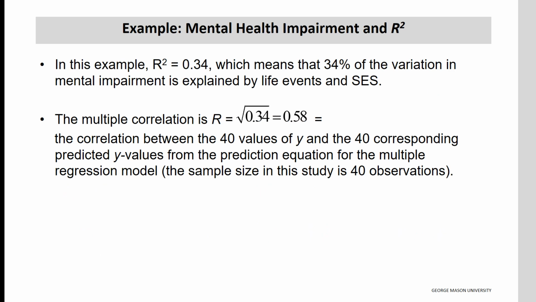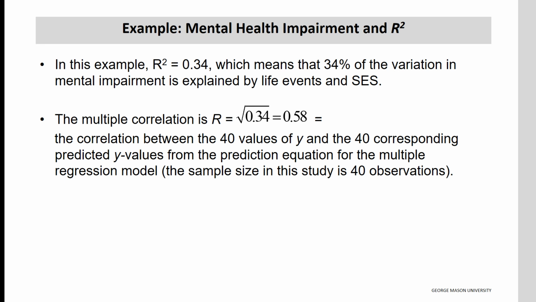Going back to the mental health impairment example, let's suppose that the value for the R squared is 0.34. This means that 34% of the variation in mental impairment is explained by life events and socioeconomic status. So the multiple correlation can be found by simply taking the square root of 0.34, and that will give you 0.58.